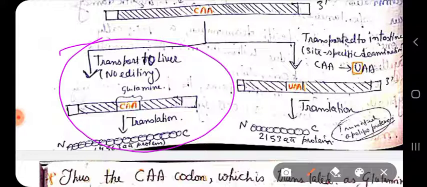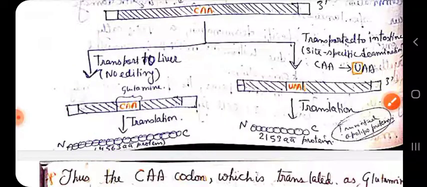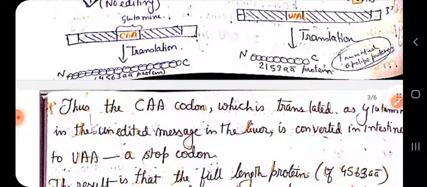The same protein, due to truncation of apolipoprotein B within the intestine, has a function in absorption of dietary lipids from the contents of the intestine, whereas the apolipoprotein B100 found in the liver is essential for transport of cholesterol and other lipids in the blood. So this is the first explanation of the types of RNA editing.